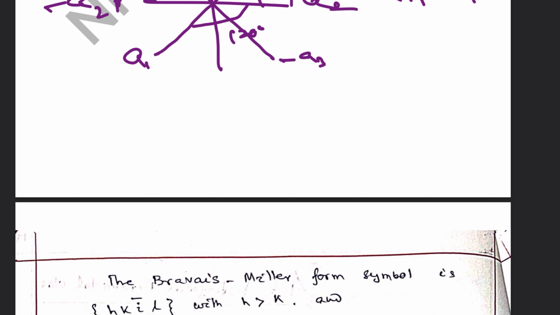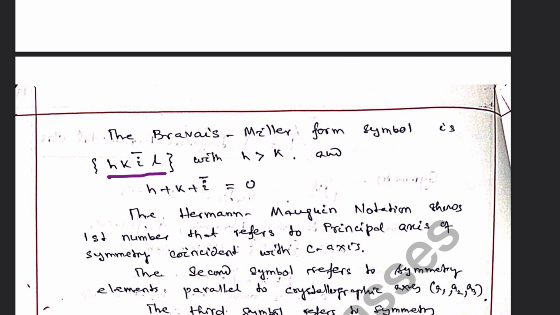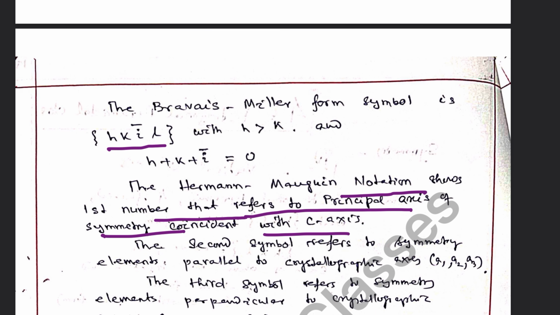The common Miller-Bravais symbol is HKIL, where H plus K plus I is equal to 0, and H is generally greater than K. And in the Hermann-Mauguin notation, for the classes of the hexagonal system, the first number refers to the principal axis of symmetry, which is coincident with the C axis.